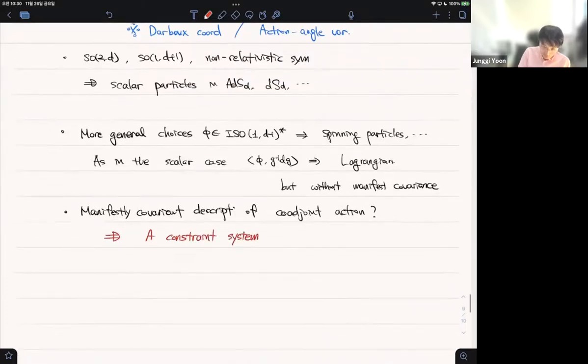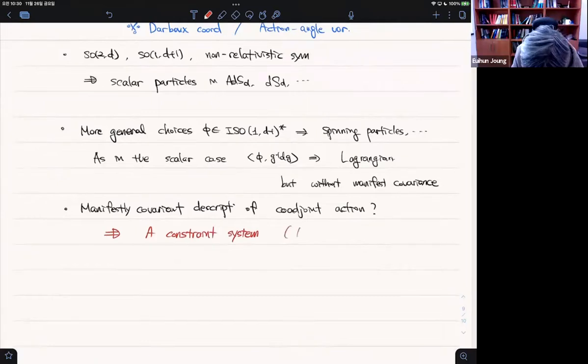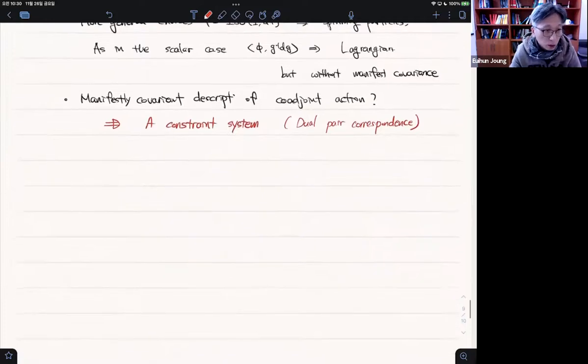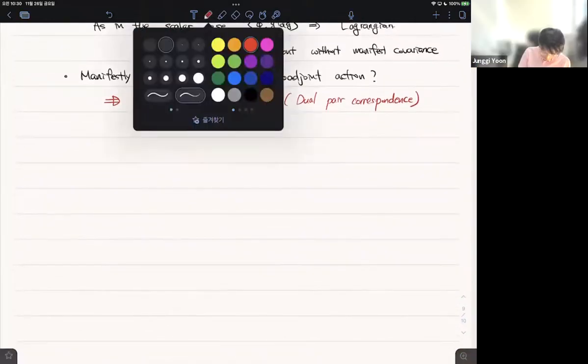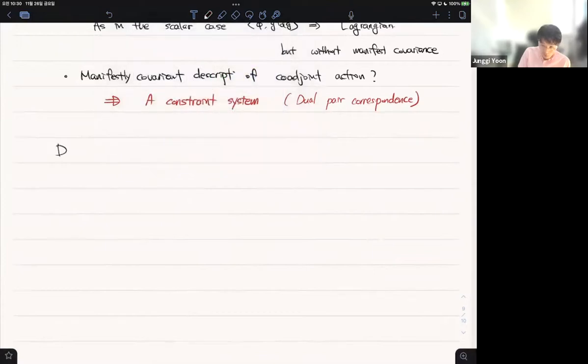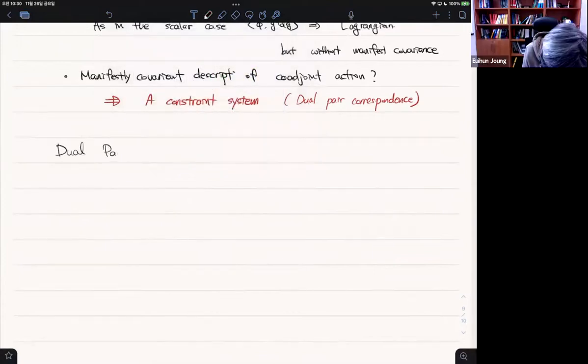And then here comes this dual pair correspondence. So let's take the simplest example of this dual pair correspondence, but here the classical version.